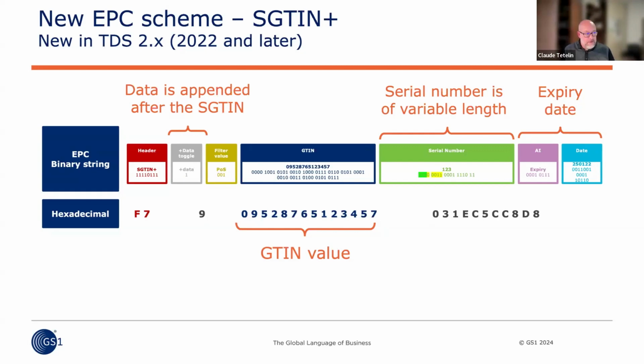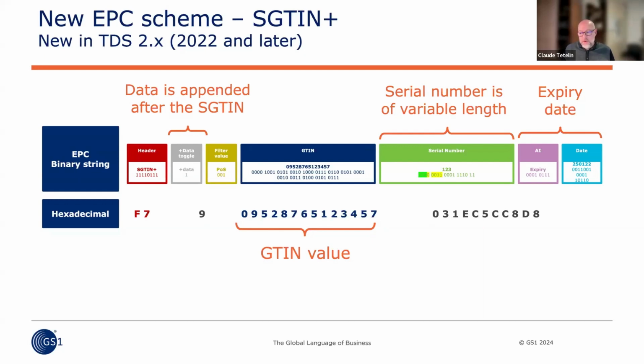The only difference is the length. With SGTIN-96, it's a fixed length, 96 bits long, so whatever the serial number, it will always be 96 bits long. With SGTIN Plus, depending on the length, and whether the serial number is made of digits or also includes alphanumeric characters, the overall length of the EPC scheme will vary.